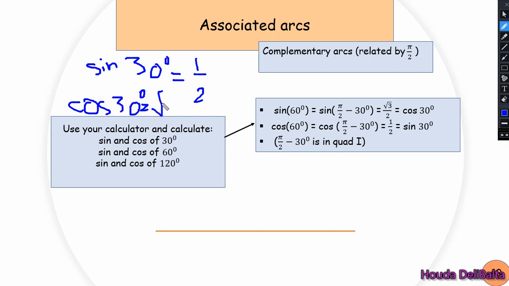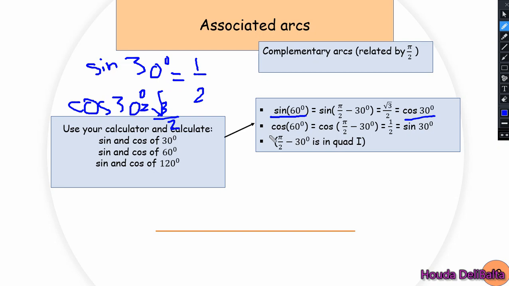But using the calculator, we notice that sine of 60 is radical 3 over 2, which is cosine of 30. So we notice that sine of 60 and cosine of 30 are the same. Okay, what does 60 represent for 30? 60 is 90 minus 30, which is represented as pi over 2 minus 30.